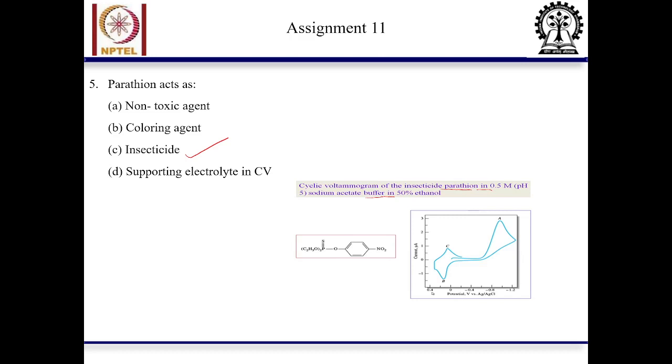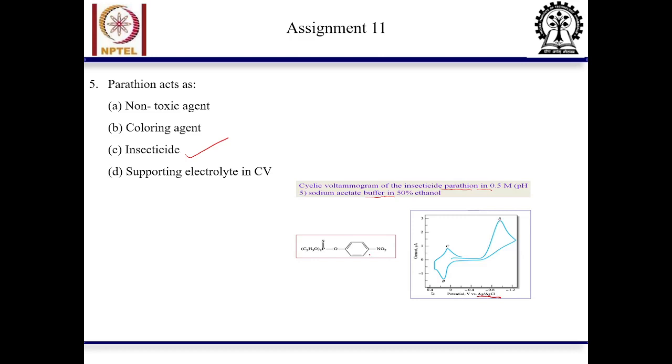So the question is how we are going to see the different peaks. I will tell you directly what the peaks are, but I will also tell you how you can find them out. What is the first peak? Here it started from 0 volt versus Ag/AgCl. Now from here it is going to peak A. What corresponds to peak A?